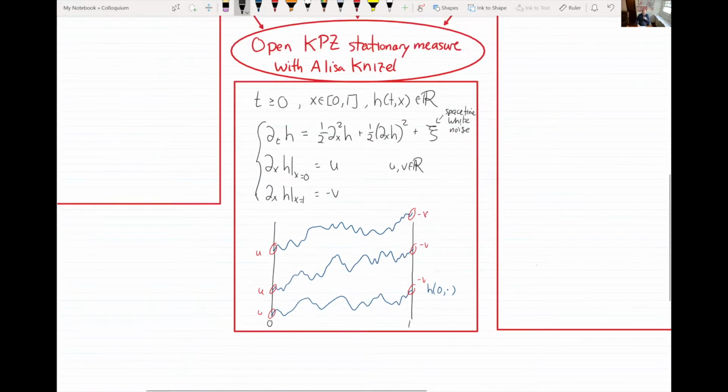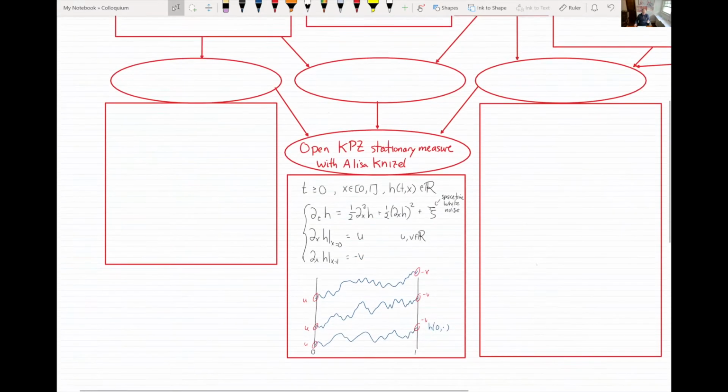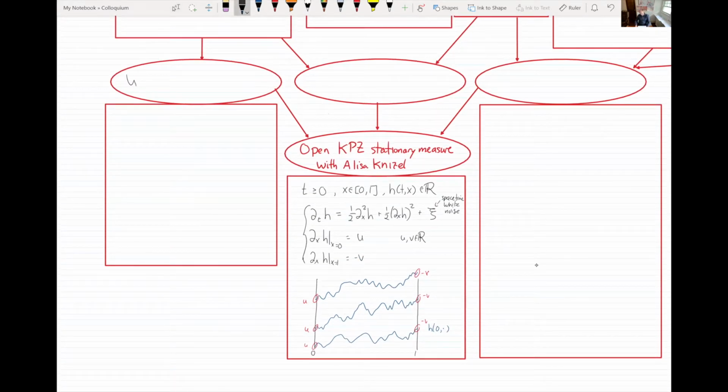Now, I'm going to ask 3 questions about this evolution. So the first question is, what the hell does it actually mean? What does it mean to solve the KPZ equation? And the issue here is that this is actually not a well-posed equation.